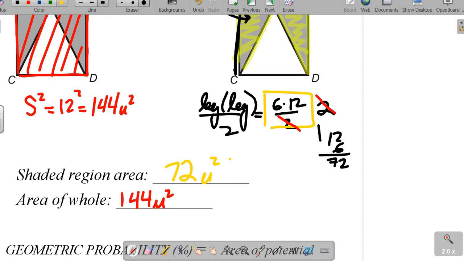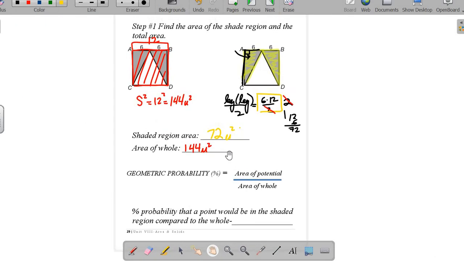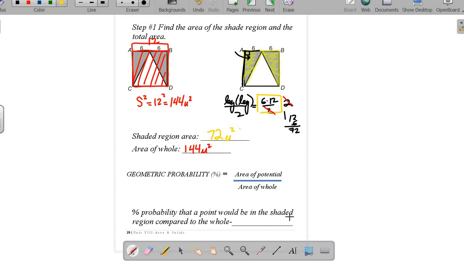The question being asked is, what is the percent probability that a point will be in the shaded region compared to the whole? The area of the shaded region is 72.